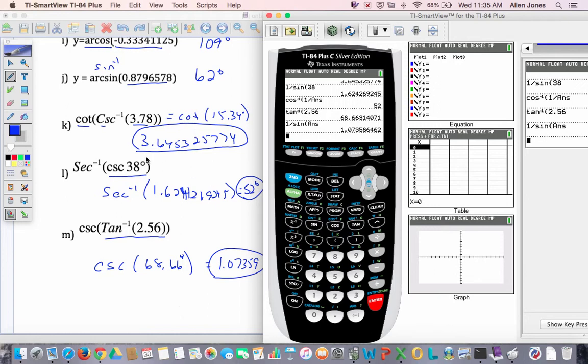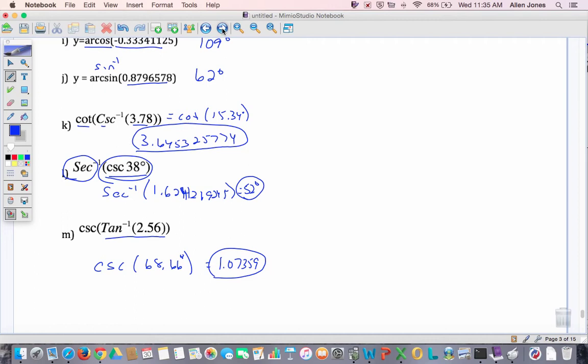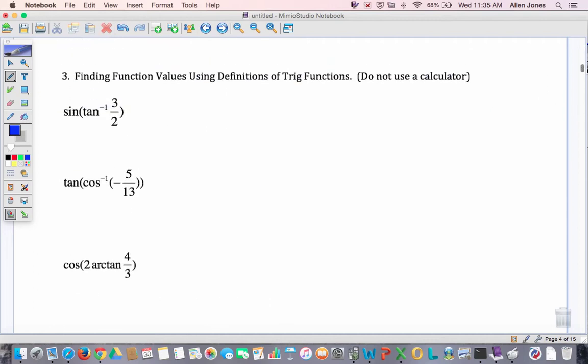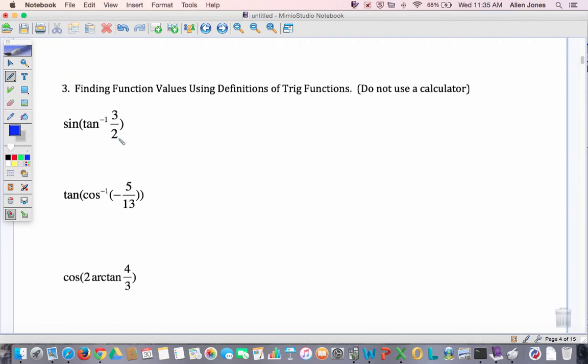Converting it back to a ratio. Okay, so we're converting back and forth between ratios and angles here by using our calculator and the trig functions, along with our reciprocal functions. So make sure we understand the difference between these two types of scenarios right here as we move forward.